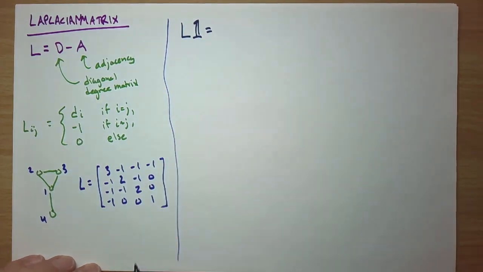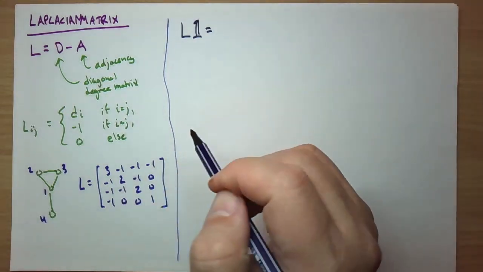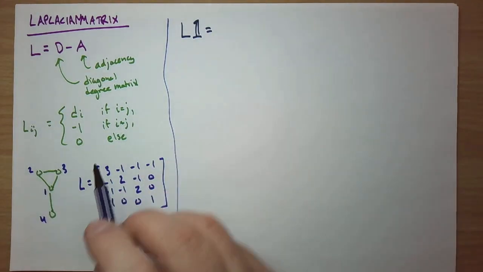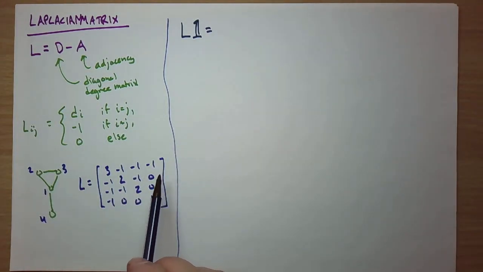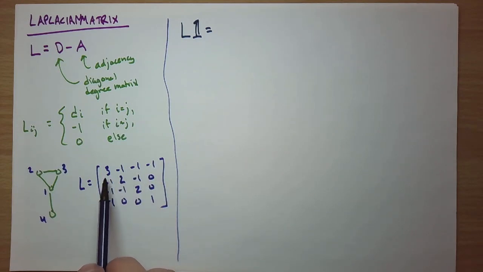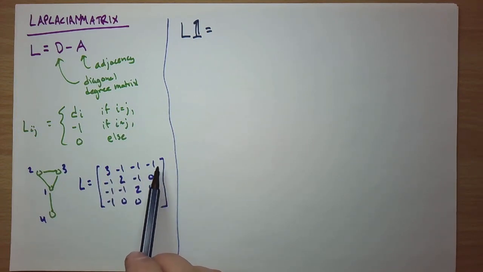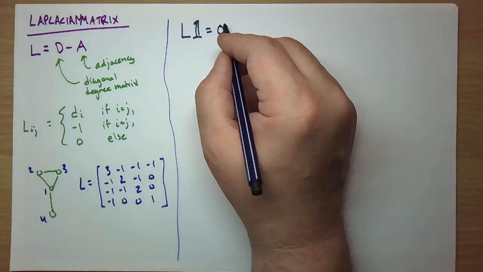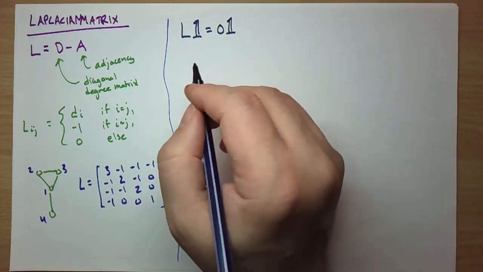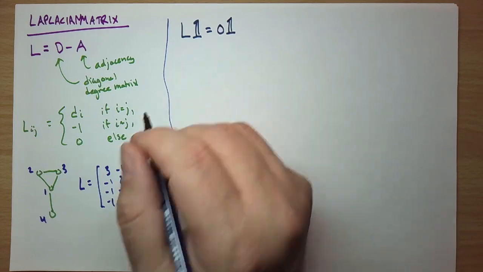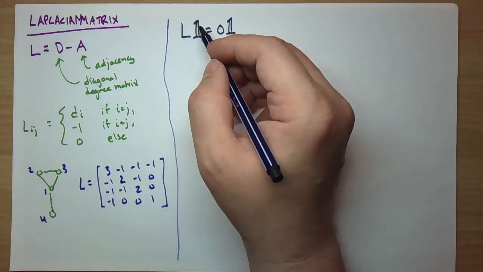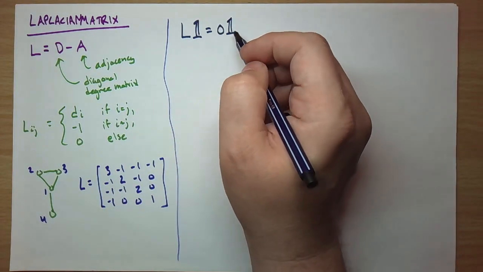What do we get when we multiply by the all ones vector? We get 0, right? Because it's the row sum. And we have the diagonal entry, which is the positive of the degree. And then the sum of the off-diagonal entries is, well, there's minus 1 for each edge, and the number of edges is the degree. And so we get 0. So our first observation, notice, this is for every graph.